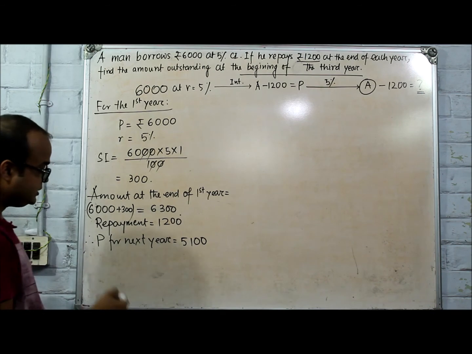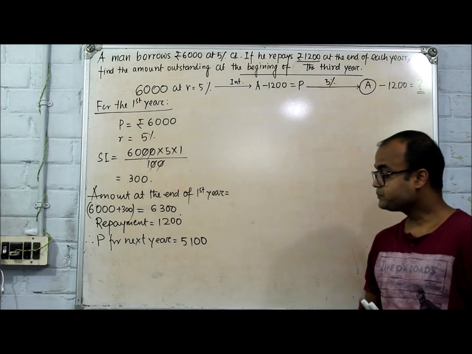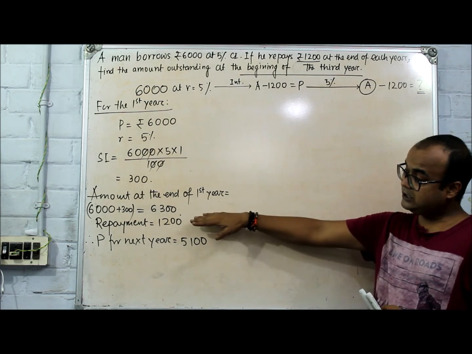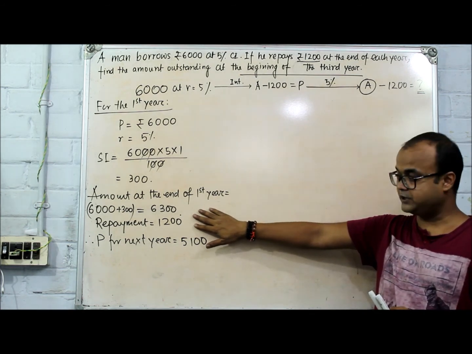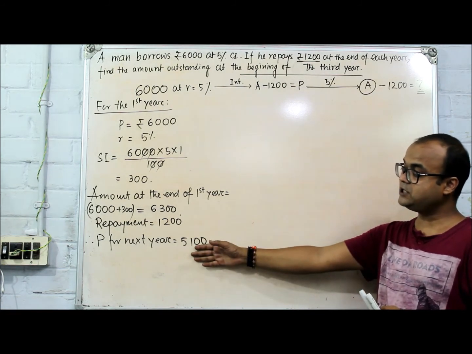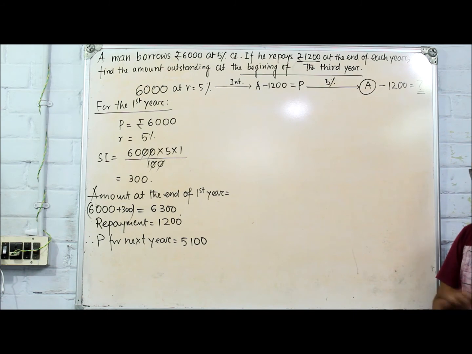So at the end of first year, after the person makes a repayment of 1200 rupees, the principal for the next year is equal to 5100 rupees. First part is clear to everyone.